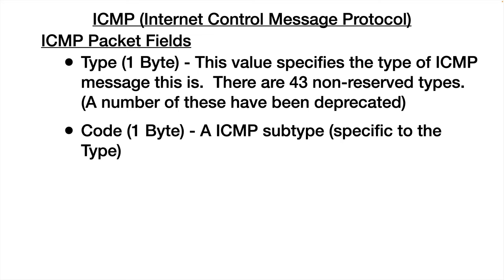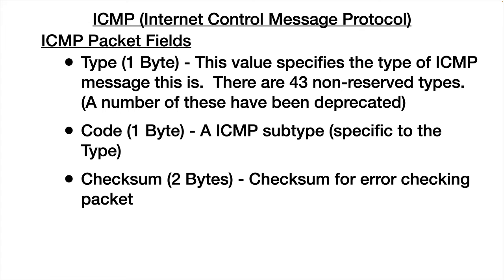Within each of these types, we can have what's called a code. I like to think of this as an ICMP subtype. This code is going to be specific to the type of ICMP packet we have. A lot of these don't really need a subtype, so they're forced to be set to 0. But then there are others, for example, a destination unreachable type has 0 through 15 as possible subtypes. I think that's one of the ones that has the most subtypes. But we'll look at that in a moment.